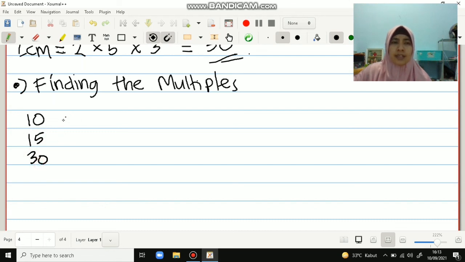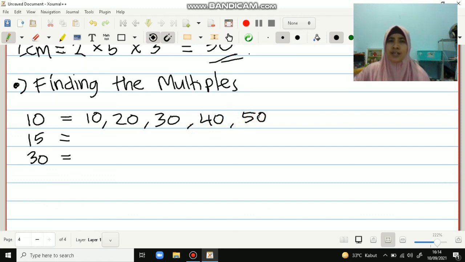And then list the multiples of them. Multiples of 10. 20. This is easy, right? 30, 40, and 50. Let's try. Just list 5 multiples.